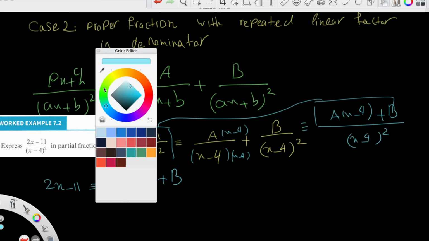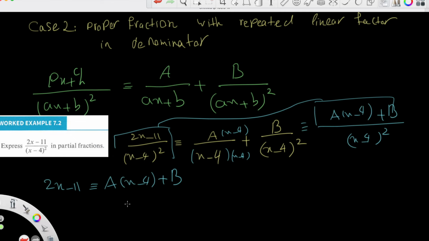Now I solve by choosing appropriate values for x. If x is 4, so 2 times 4, 8, minus 11 is minus 3. A will be eliminated, so it's equal to b. B is negative 3. Now b is negative 3, so you can choose another value for x. For example, you can choose 0.